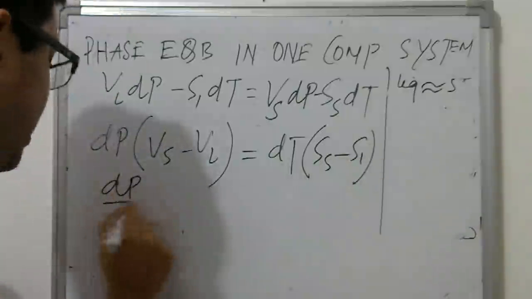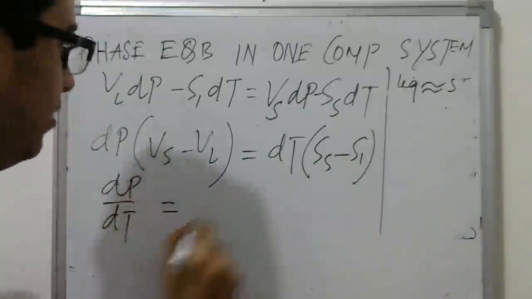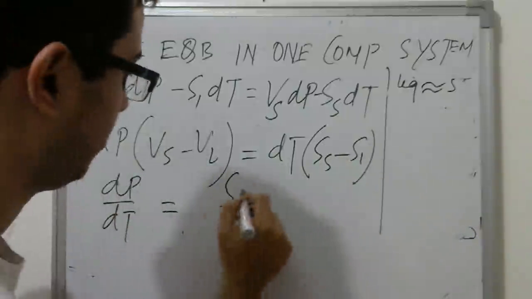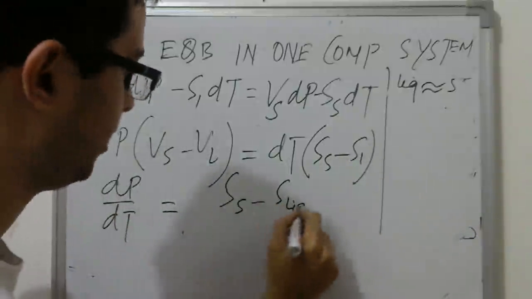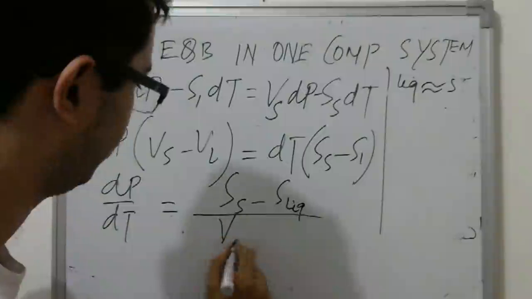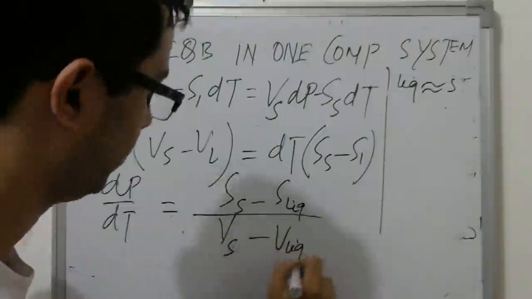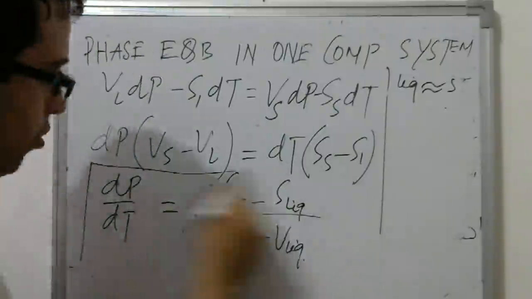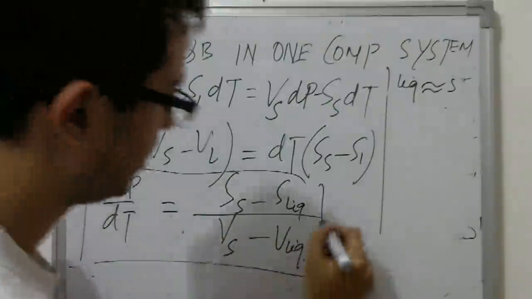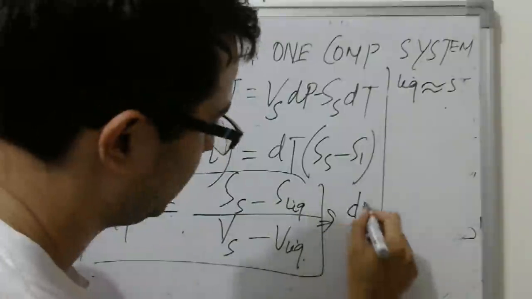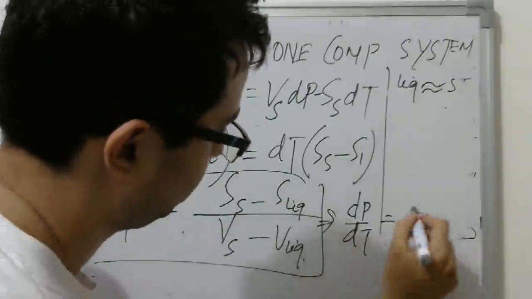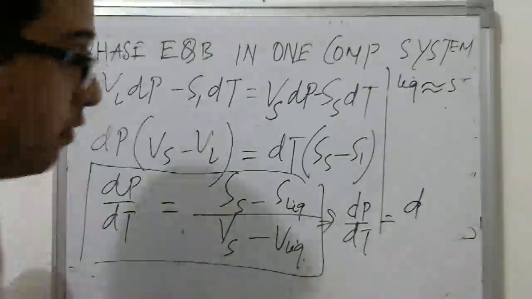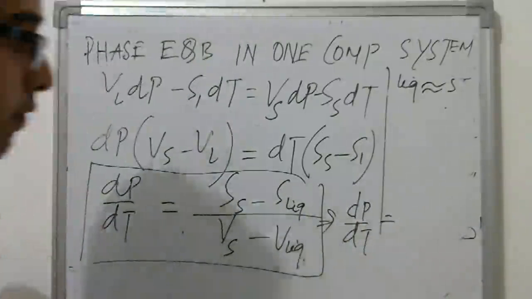So dP/dT is what? Entropy of solid minus entropy of liquid divided by volume of solid minus volume of liquid. Understand this? This is the most important equation, or we write it as dP/dT equal to delta S by delta V.